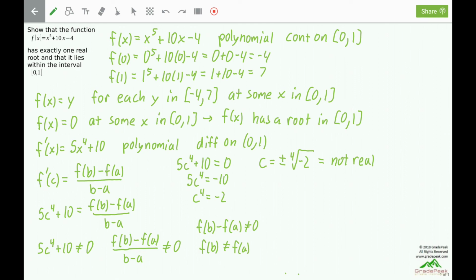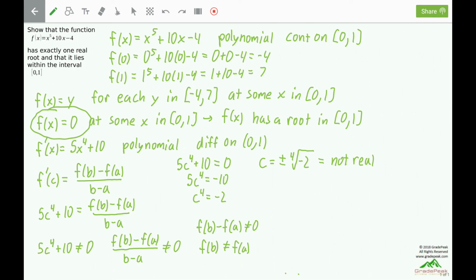What this says is the function cannot equal itself at two different x coordinates. So if we have f of x equals 0, which we've established already does happen in the 0 to 1 interval, it can only happen once. The function can't equal its same value at two different x coordinates.